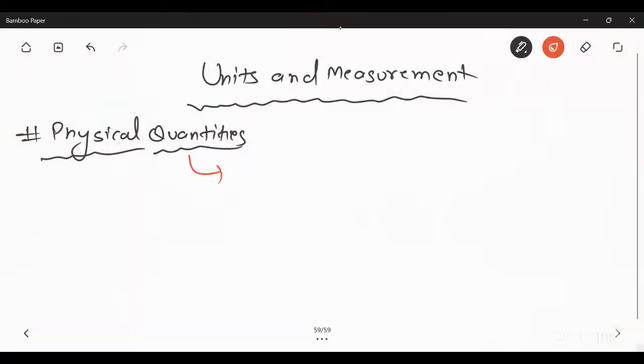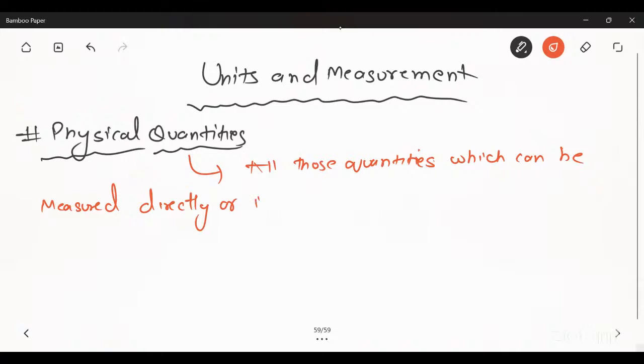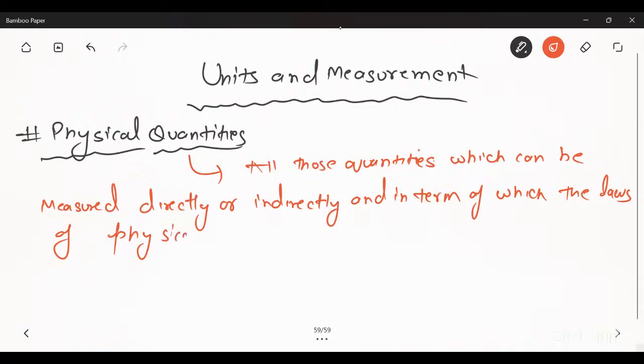You can simply say that all those quantities which can be measured directly or indirectly, and in terms of which the laws of physics can be expressed, are called physical quantities.